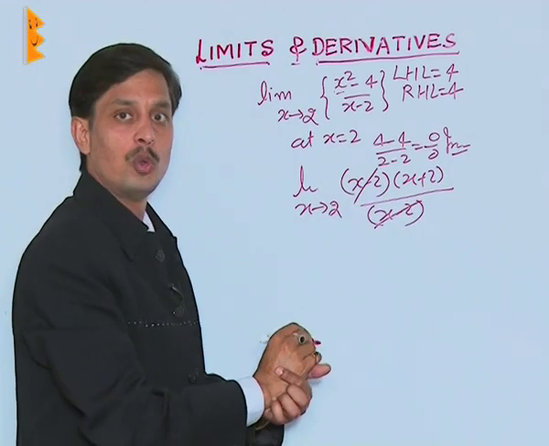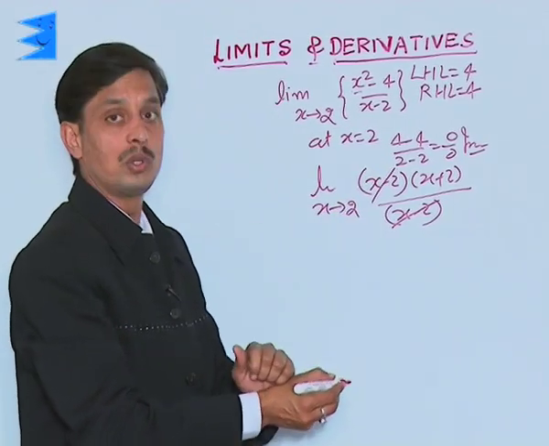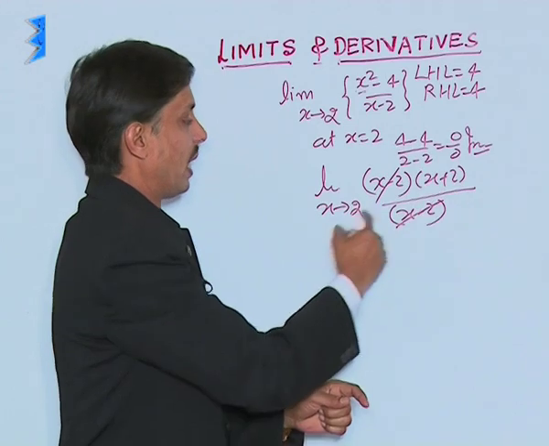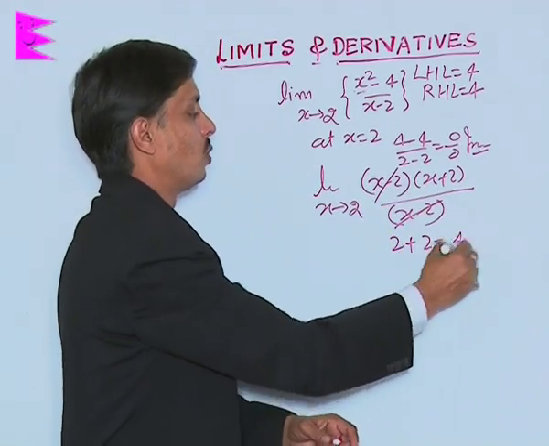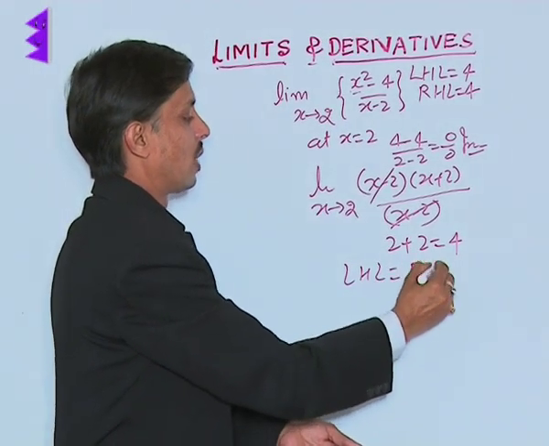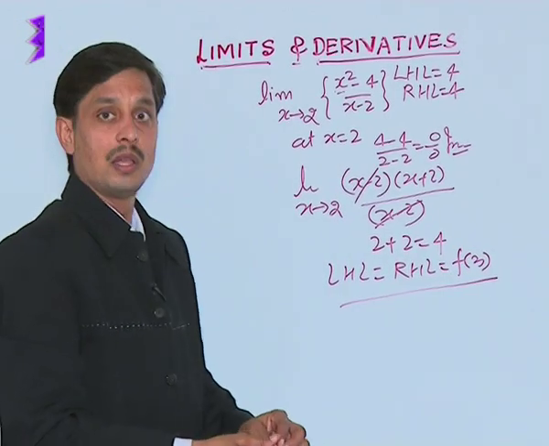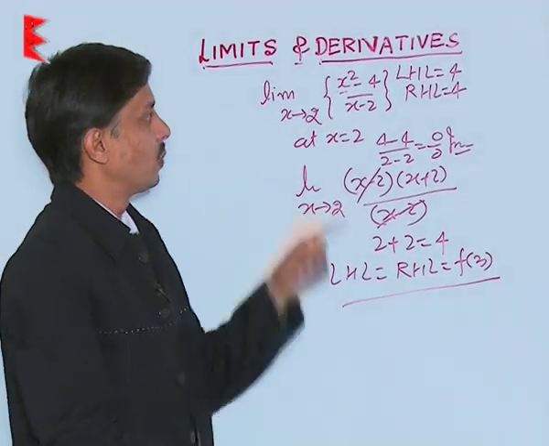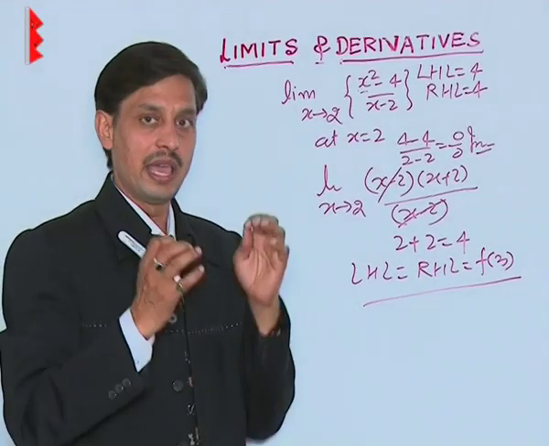Neither x minus 2 in the numerator nor in the denominator is 0, because x is tending to 2, not equal to 2, and in place of x if we put 2, we will get 2 plus 2 equals 4. So left hand limit is equal to right hand limit is equal to the value of the function at that point. Hence we can say this function is continuous and its limit exists.